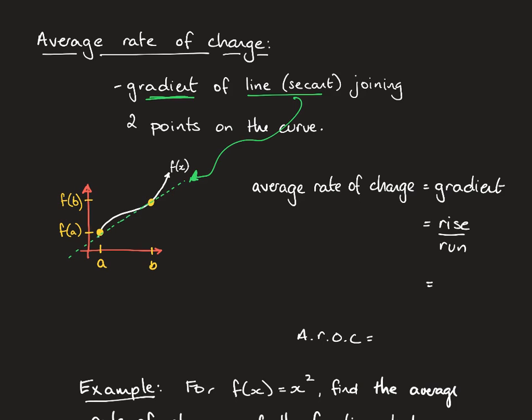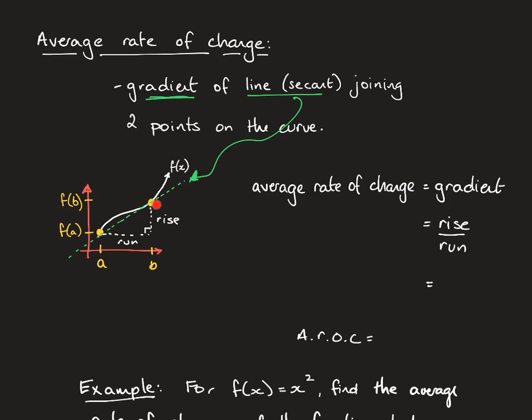And so to find the gradient of that line, we use our gradient. So the average rate of change is equal to the gradient. And our gradient is rise over run. So for these 2 points here on our graph, we'll create a little right-angled triangle. This is our rise and this is our run. So our rise is the difference between f of b and f of a.